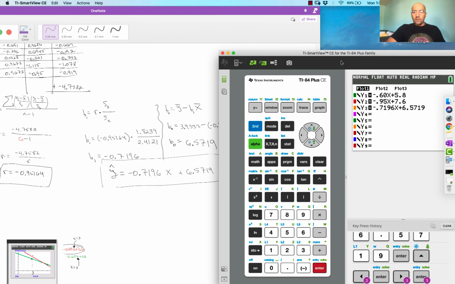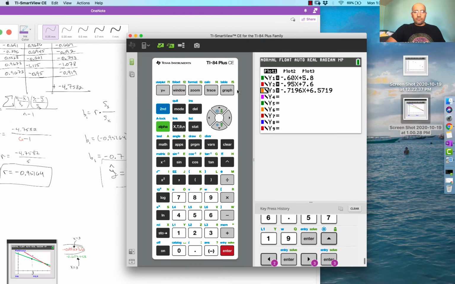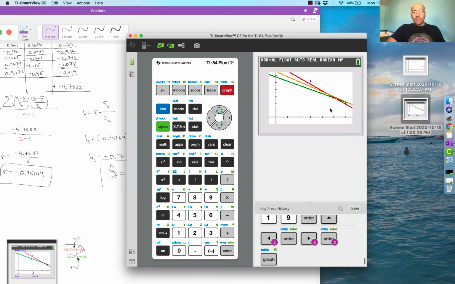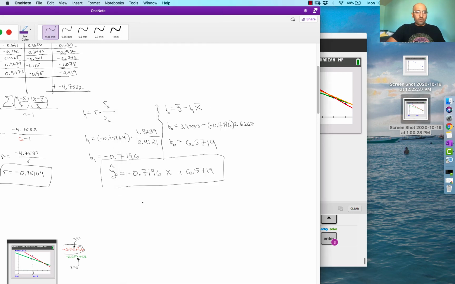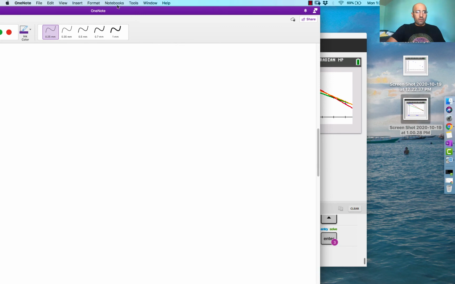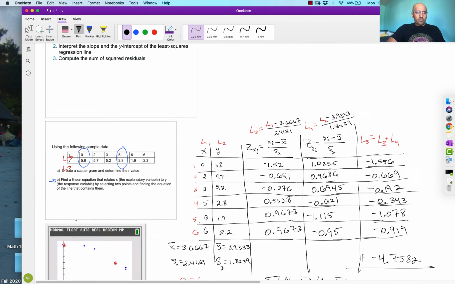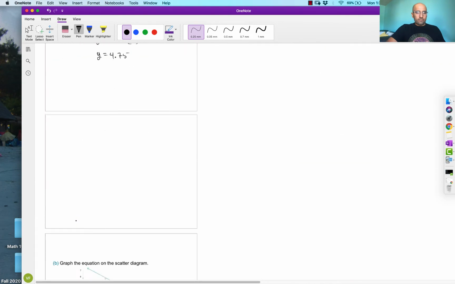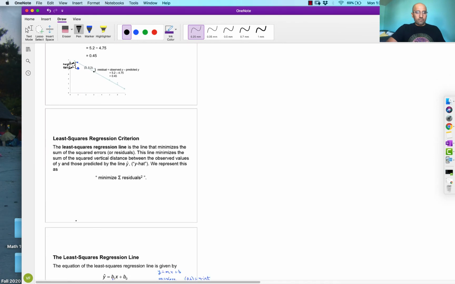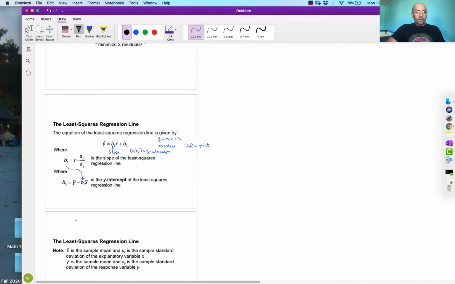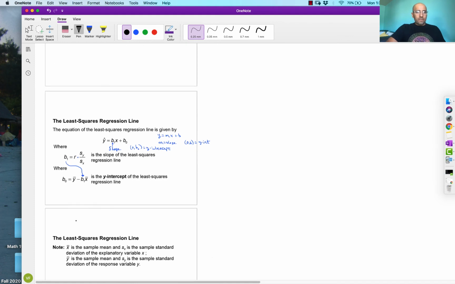Okay, so graph. There we go. The orange one turns out to be the very best fit line, right? The least squares regression line.